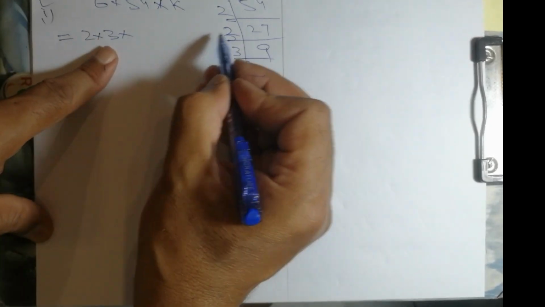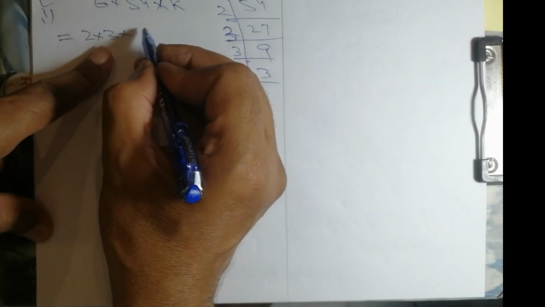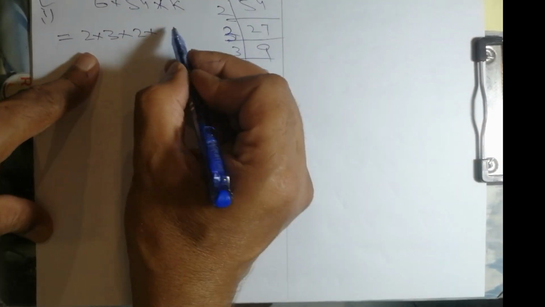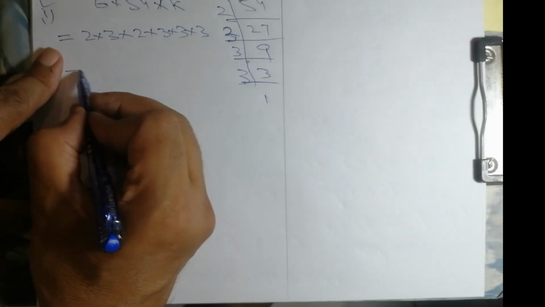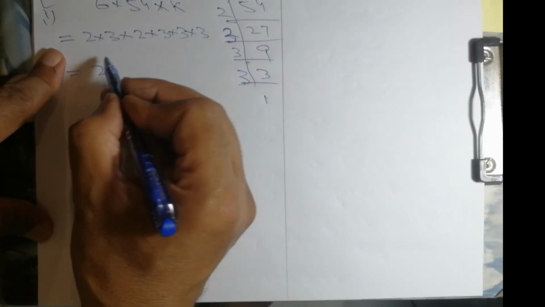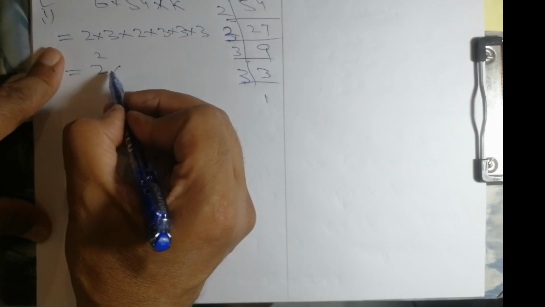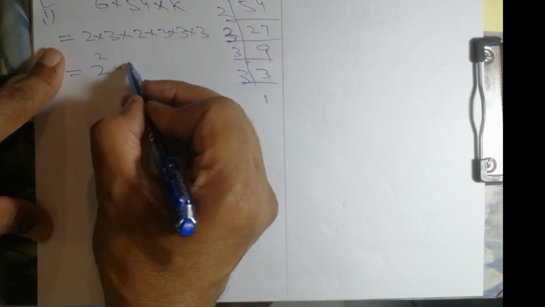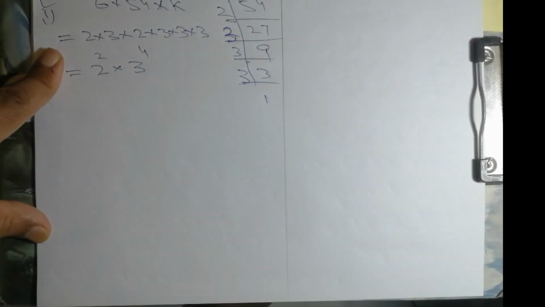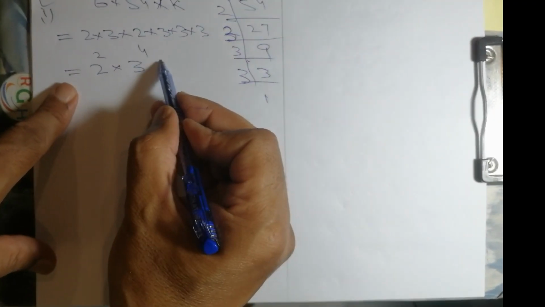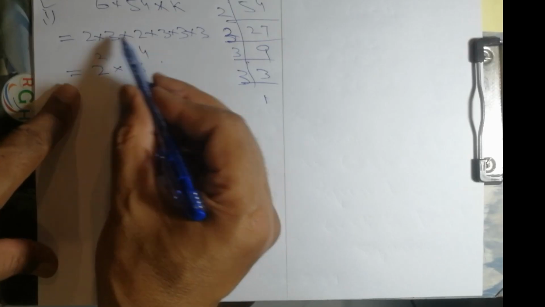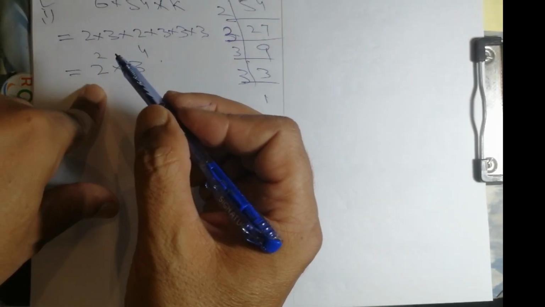So that is 2 into 3 into 3 into 3 into 3. So this is 2 squared, and this is 3 raised to power 4. And what should be the value of K?